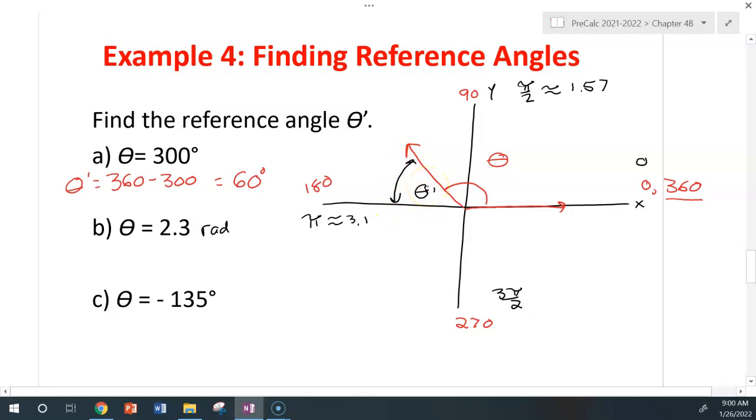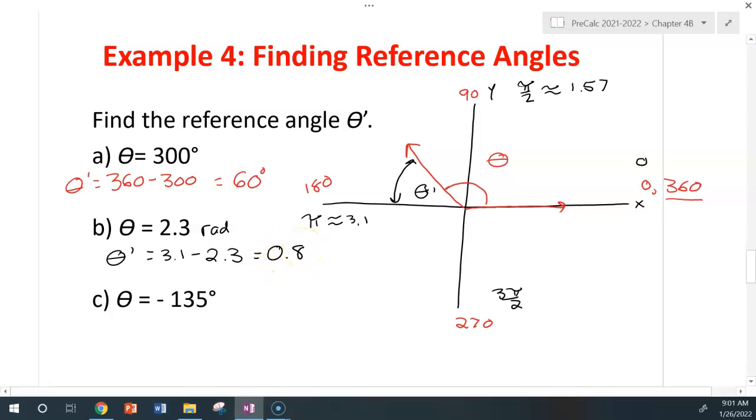And then to find theta prime, I'm going to do 3.1 minus 2.3. And I get 0.8.